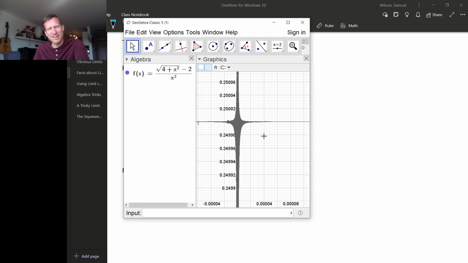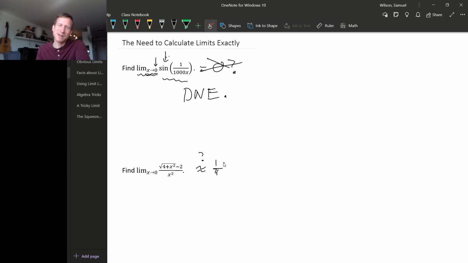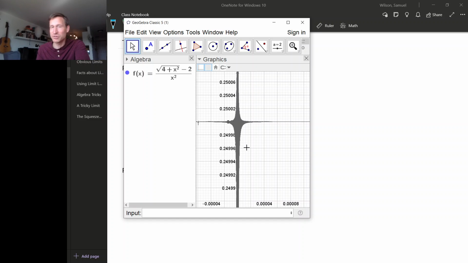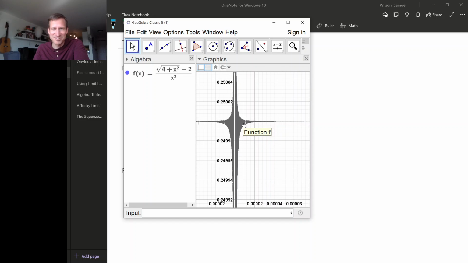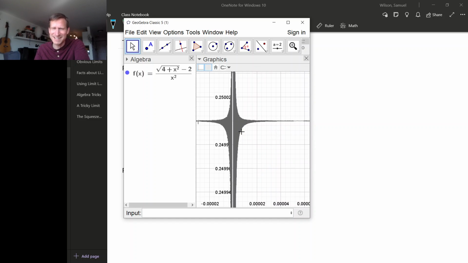So this looks kind of similar to what happened in the previous example, where when you get close enough to 0, the function just starts jumping around a whole lot. So that makes us think, well, no, maybe this limit doesn't exist after all, right? Because the function just jumps around when you get extremely close to 0. Zooming in any further won't do us any good because it's starting to slow down as I zoom in, and that's because the computer's actually having trouble drawing all the mess that's happening here.